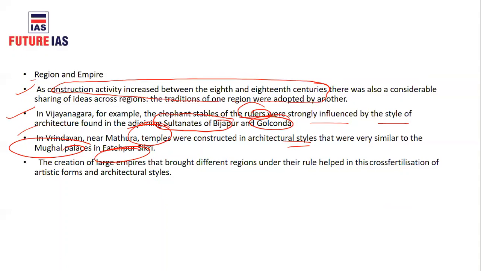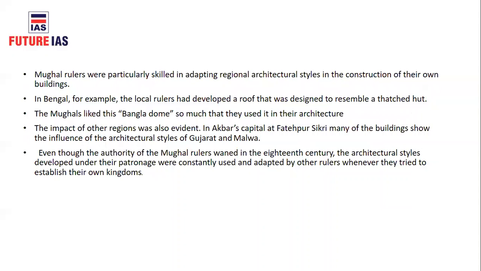And if you visit some other places, they will also resemble the architecture of those native places. And you must also understand the Mughal rulers were particularly skilled in adapting regional architectural styles in the construction of their own buildings. To integrate those regional styles into their own architectural form, the Mughal rulers were particularly skilled.